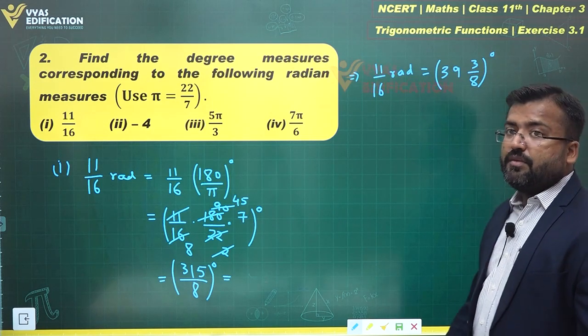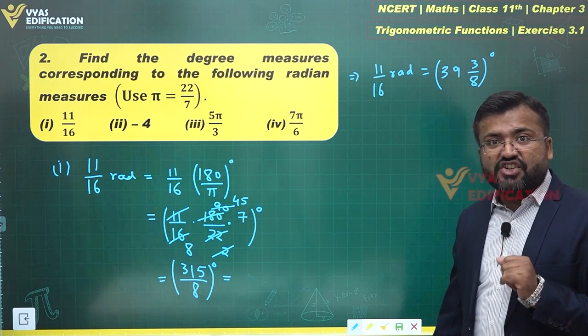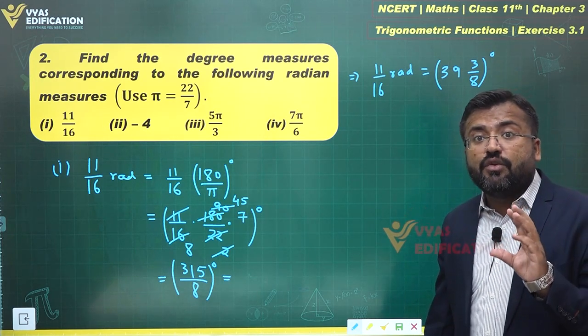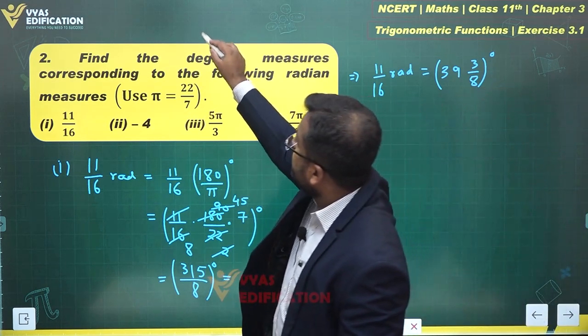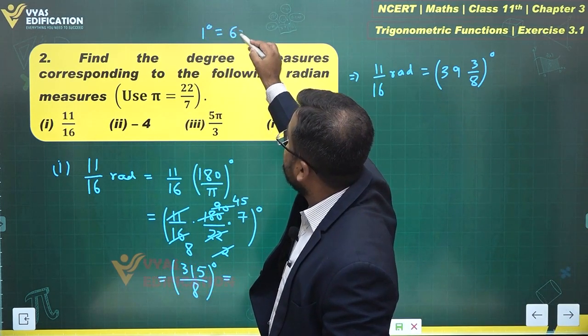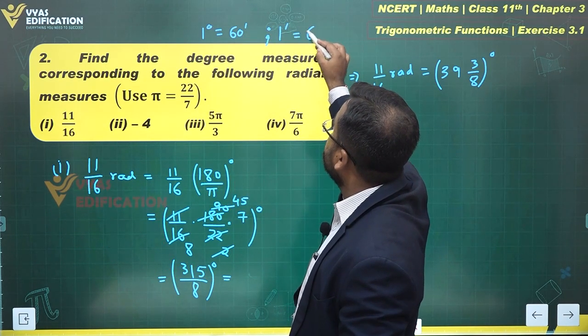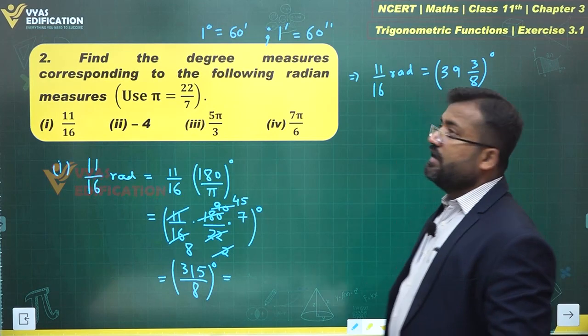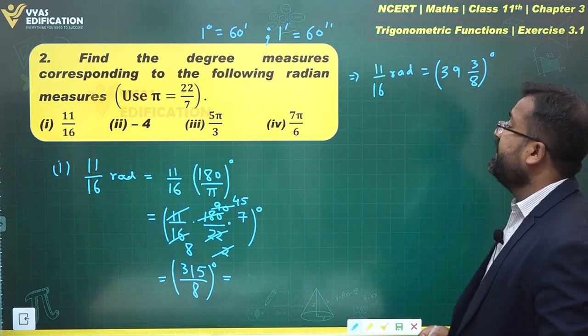Now 3/8 degree can be converted in terms of a fraction, or in terms of minutes or seconds. 1 degree is equal to 60 minutes and 1 minute is equal to 60 seconds. That's a further subdivision of a degree and of a minute.